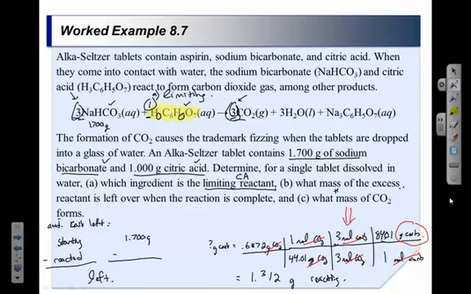Assuming that the reaction is complete, I would subtract that from the initial amount to figure out the amount left over. Just do it in my calculator. 1.7 minus that answer. 0.388. That's part B.